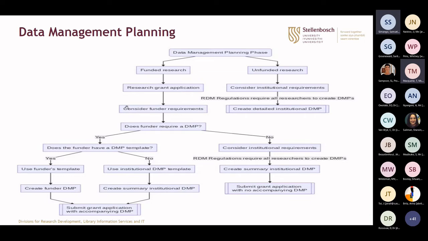and if that is the case, then researchers are advised to make use of the DMP template provided by the funder. If the funder wants a DMP to be utilized, then you can use their own. And if the funder does not have a template, then you use the university's own template.